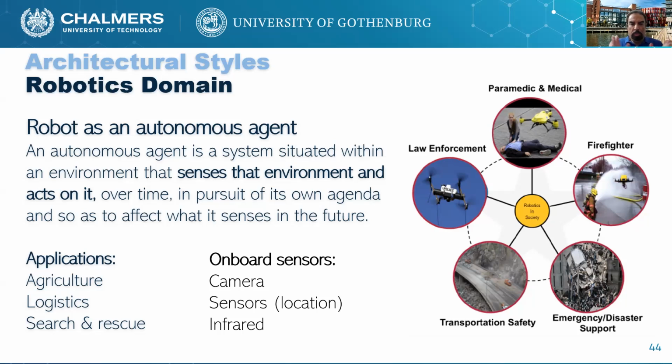The concept of an autonomous robot is that we want to create an architecture that enables us to run a robot autonomously without human intervention, to be able to make decisions, to decide for itself any action based on sensing the environment around it.